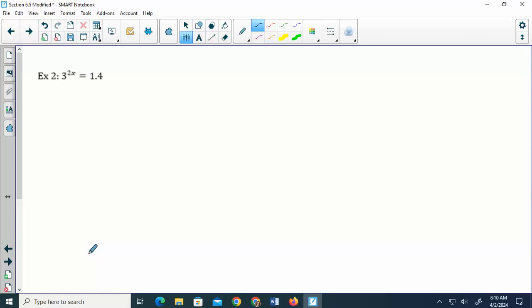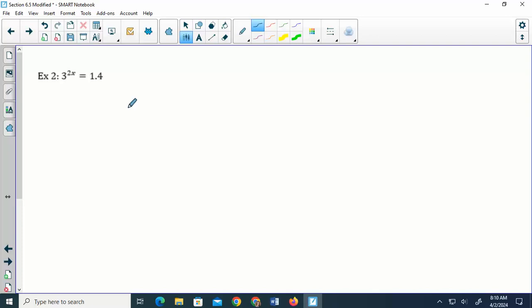Let's look at this one. Three to the 2x equals 1.4. So common base, 3 you can't rewrite. Does 3 to some power equal 1.4?